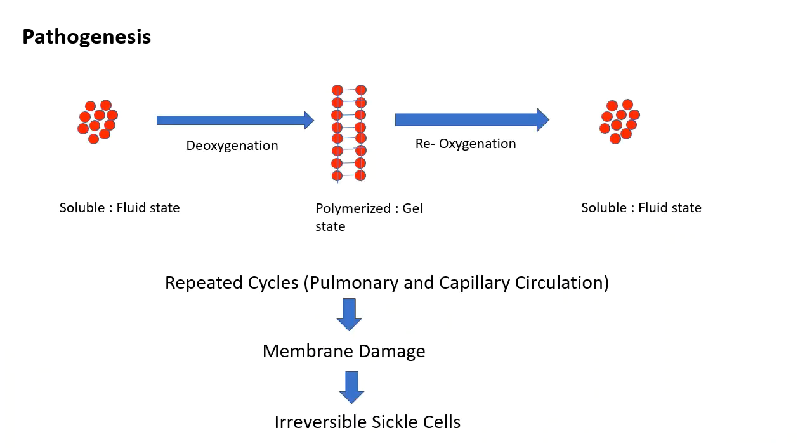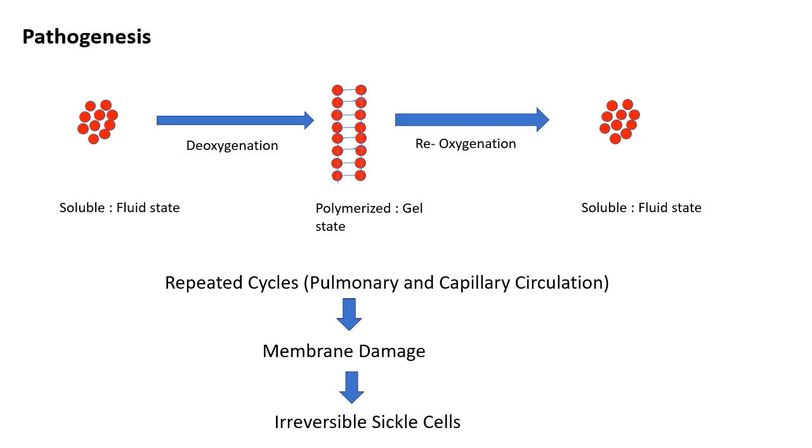Now, on prolonged deoxygenation, the state goes from soluble to polymerized, from fluid to gel state. On reoxygenation, again soluble to fluid state. With repeated cycles, that is the blood going from pulmonary, that is oxygenated, to capillary, that is deoxygenated state, continuously this cycle goes on from fluid to gel, gel to fluid, but finally the membrane gets damaged and the sickle cells become irreversibly sickled.